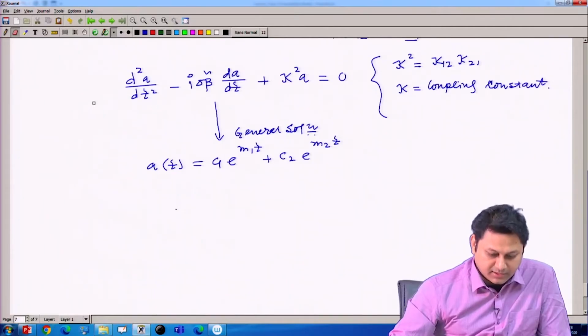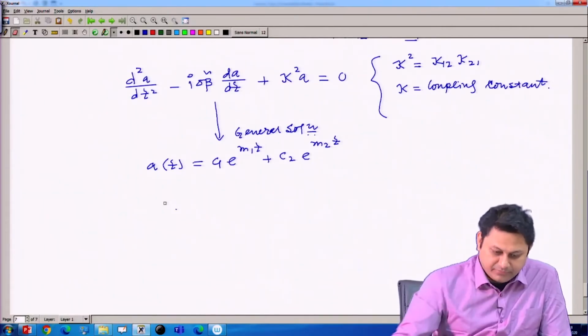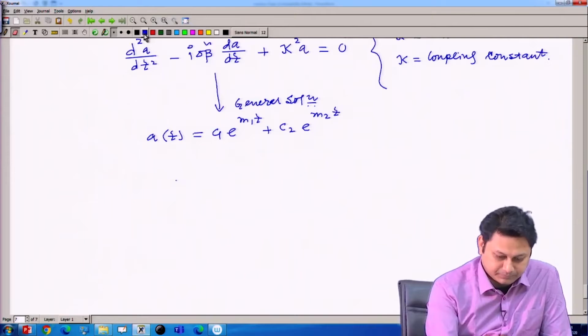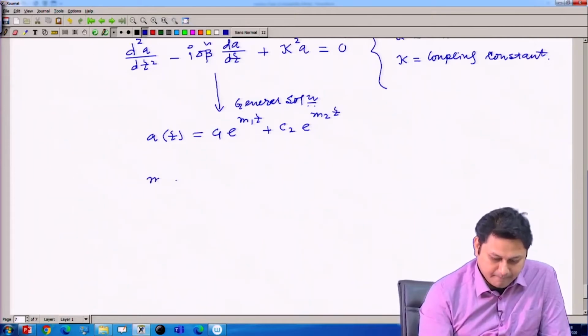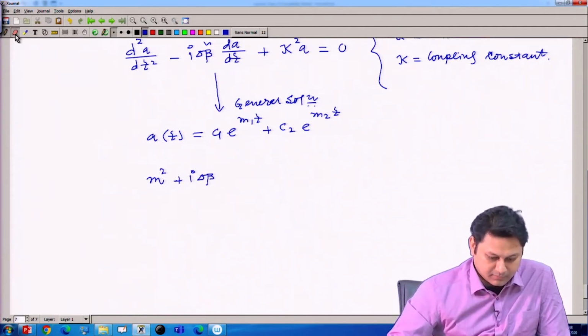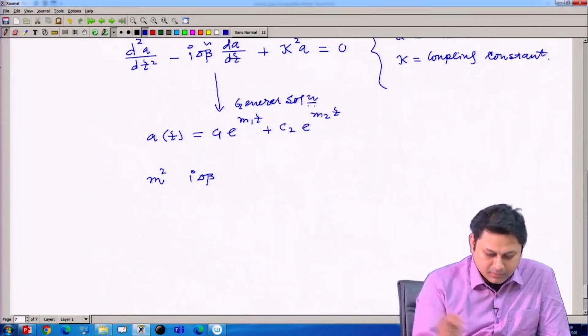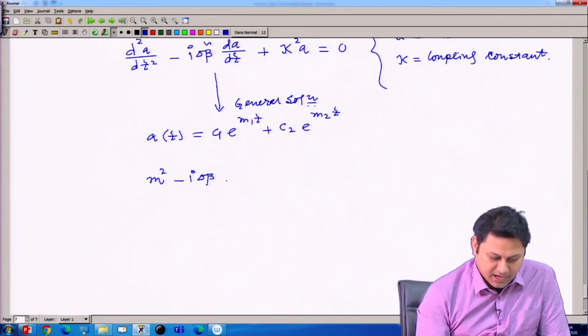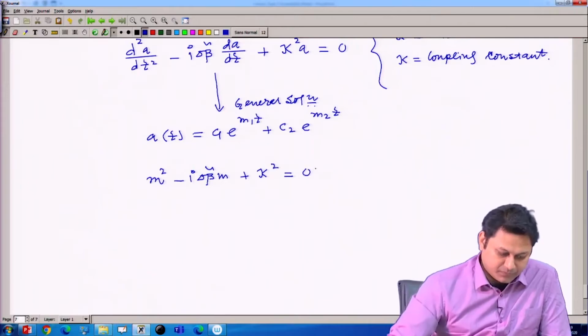I put this here, and after putting that I can have m square minus i delta beta tilde m plus kappa square equal to 0.